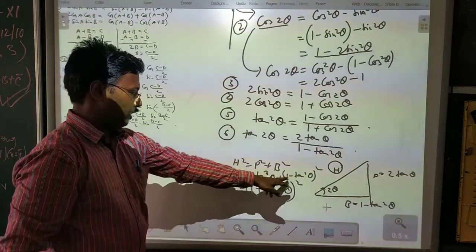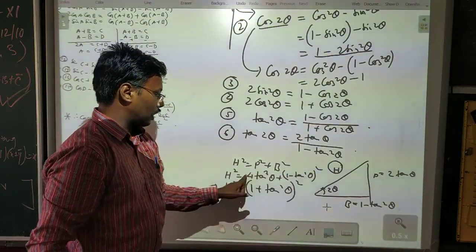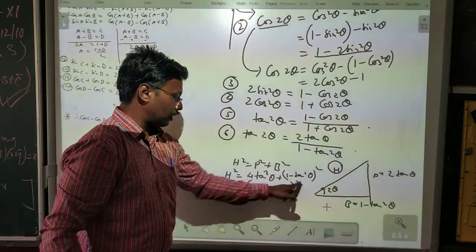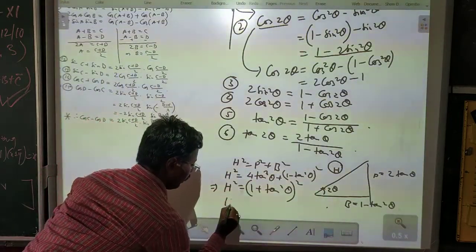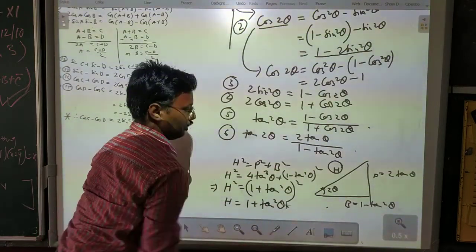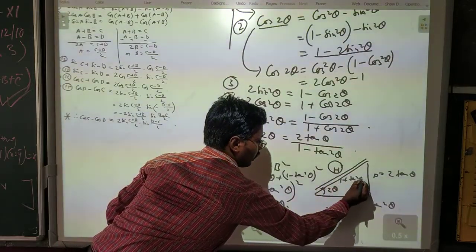Okay? This is coming in the form of (a minus b) whole square plus 4ab, which is (a plus b) whole square. So therefore h is 1 plus tan square theta.